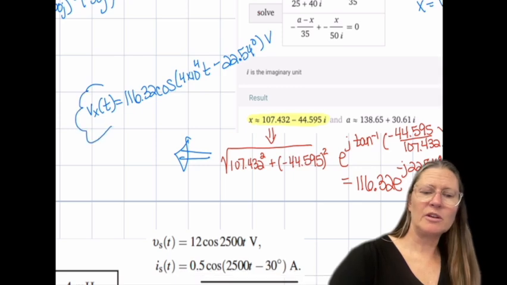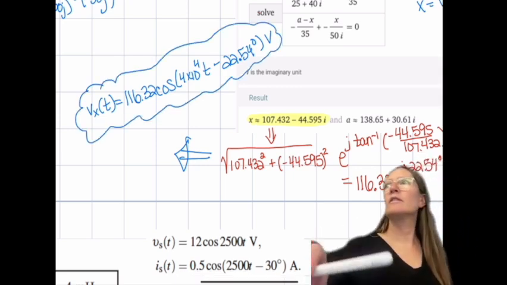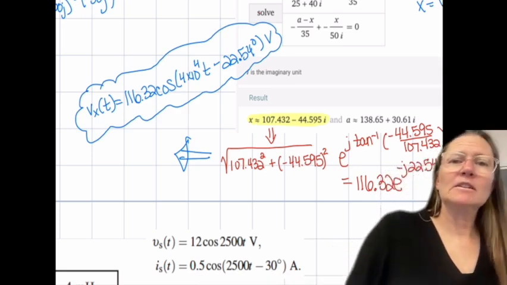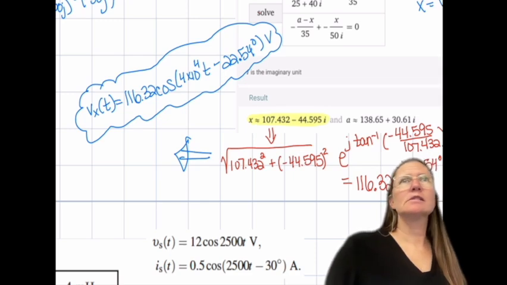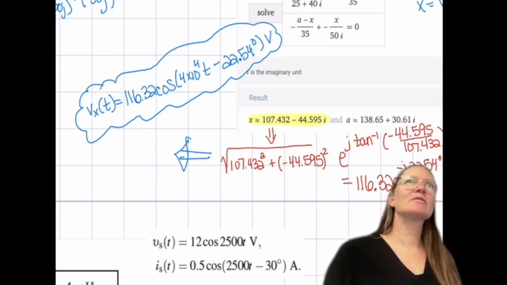So that is my time domain expression for Vx of t. Okay. All right, questions? Anybody get this? Get close?